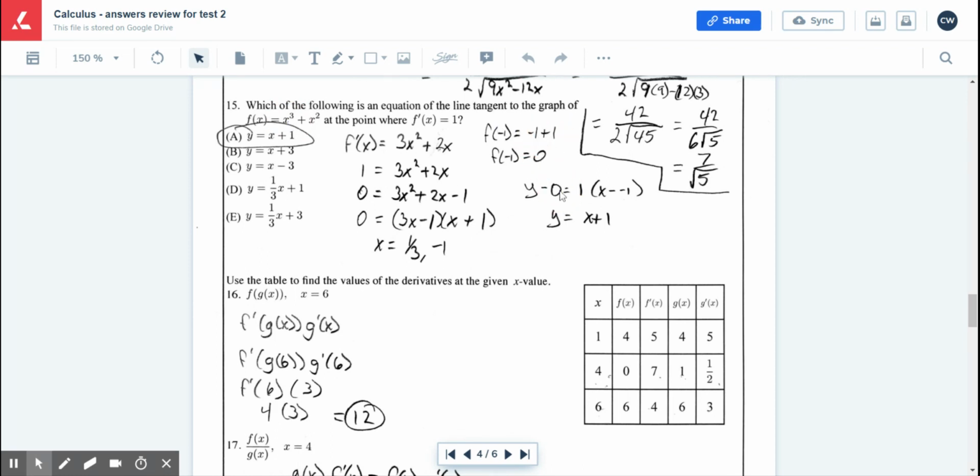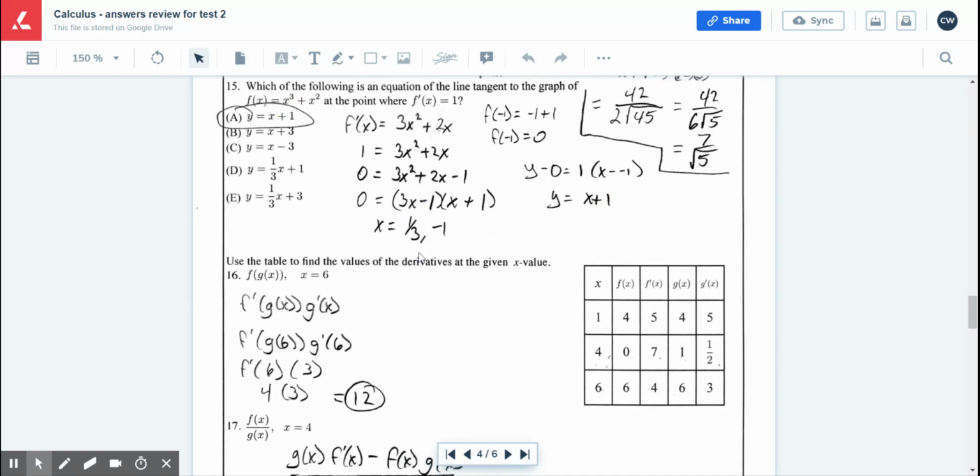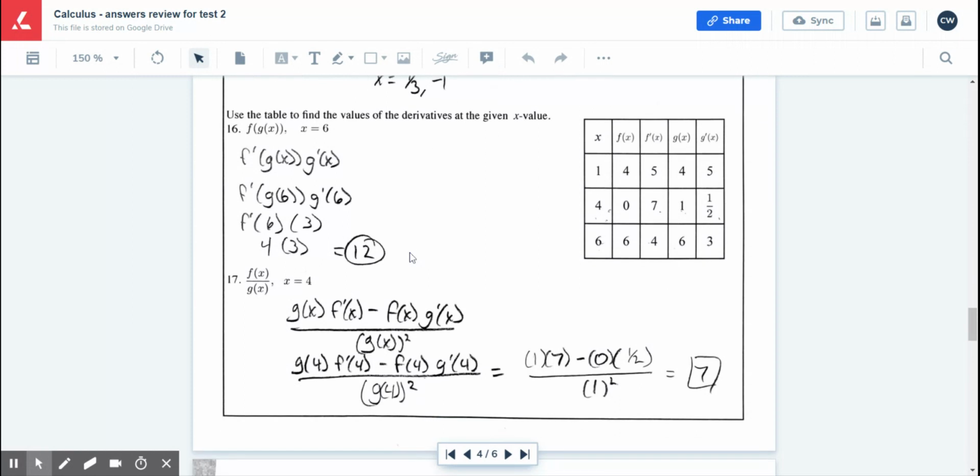So that means my y value is 0. We already said my slope was 1 because that's what this tells me. Whatever the derivative equals is going to be my slope. So that's 1. And I plug in -1 for my x value, clean that up, matches A. If that didn't match, then you'd have to do the same thing with 1/3 and figure out what that is.